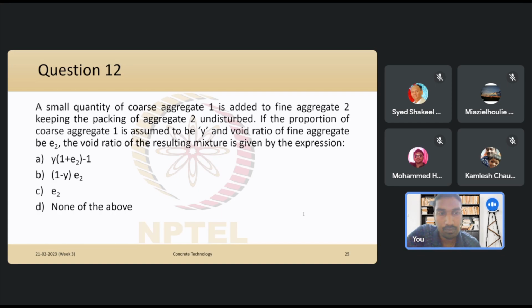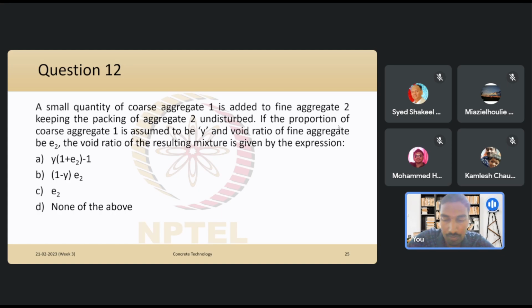Right, so basically we are looking at a binary mixture of a fine aggregate and a coarse aggregate, right? And for the fine aggregate the void ratio is E2, and we are going to add a proportion y of coarse aggregate into this fine aggregate. So we want to know what will be the resulting void ratio of the mixture. If you remember, this is what we started out with in this session.